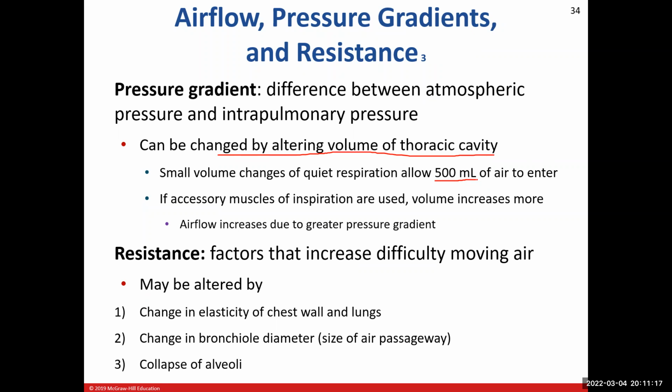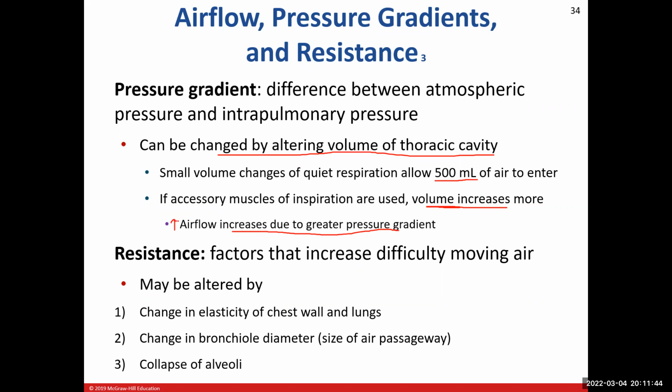If we want to increase that amount, we need to increase the volume. By doing so, we increase that pressure gradient, thereby increasing airflow.